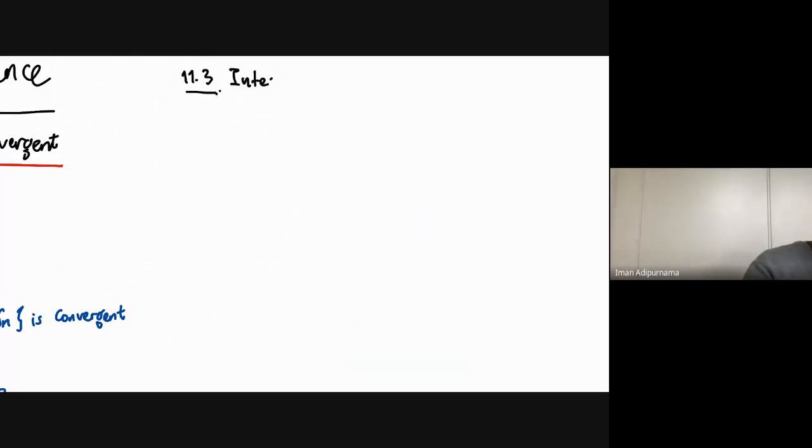This is called the integral test. Okay, let's observe the series one over n squared.